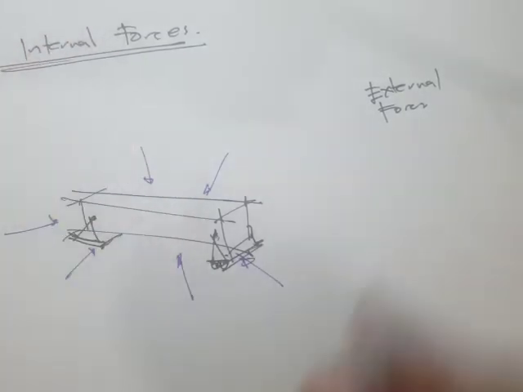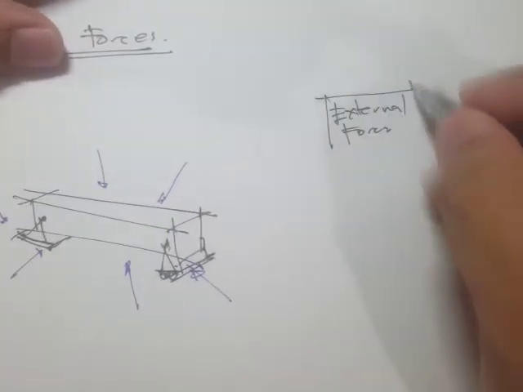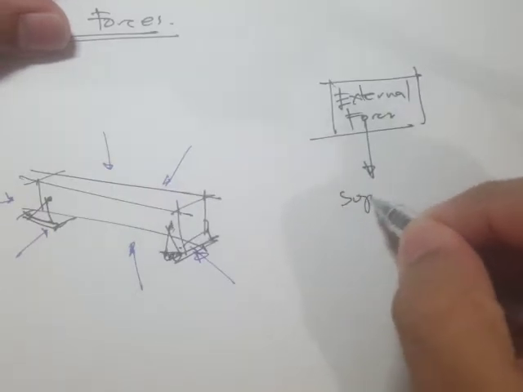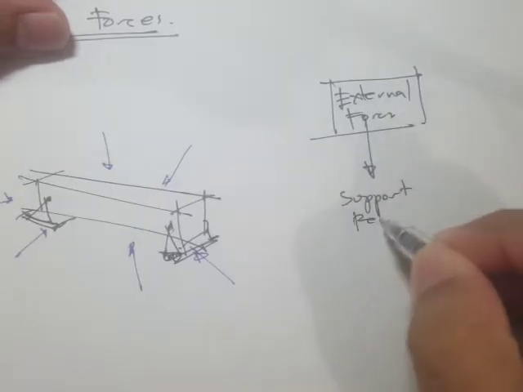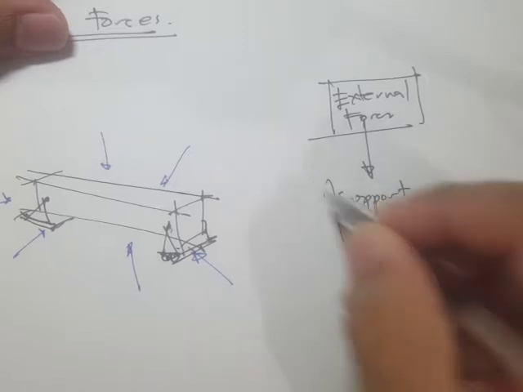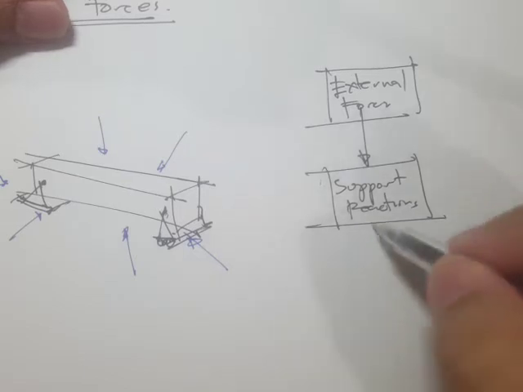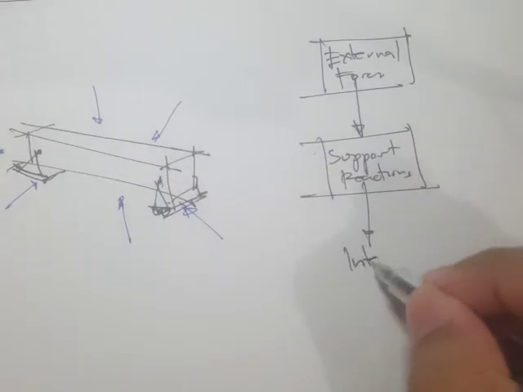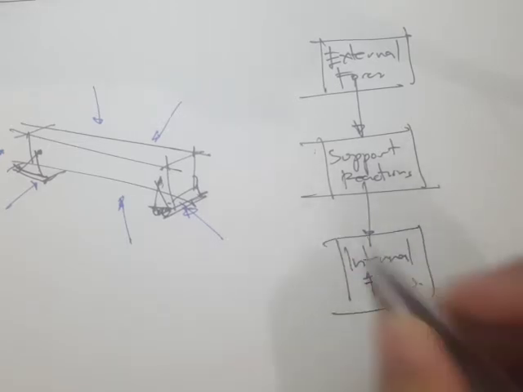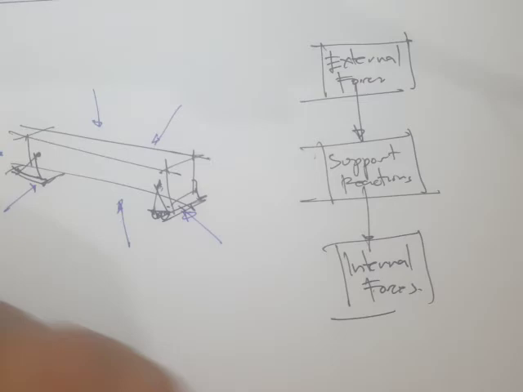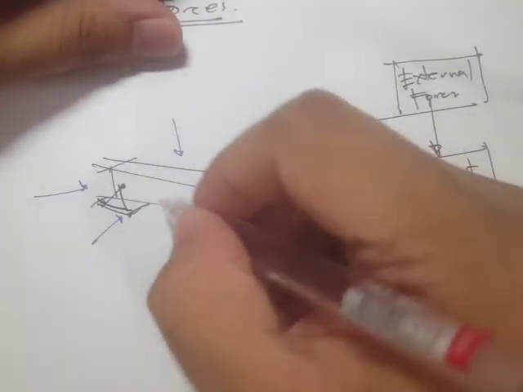Because of the external force, there are going to be support reactions, and because of these support reactions, internal forces develop. Take note, the other one is external and this one is internal, which means it is inside the material.